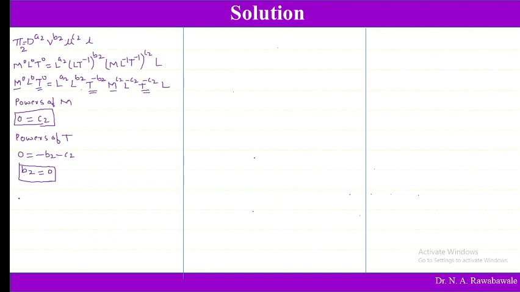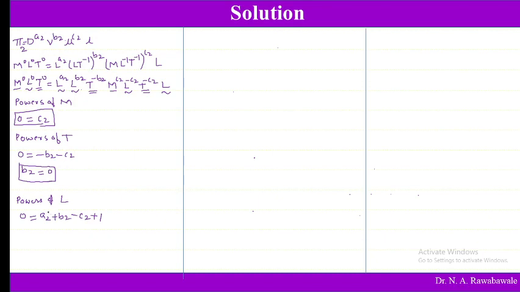Now collecting powers of L. So powers of L, here we have power of L is 0 is equal to a2 plus b2 minus c2 and 1.